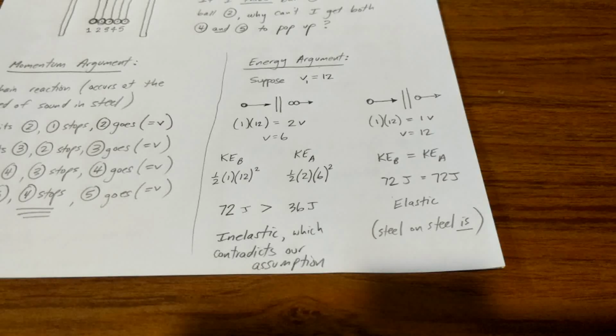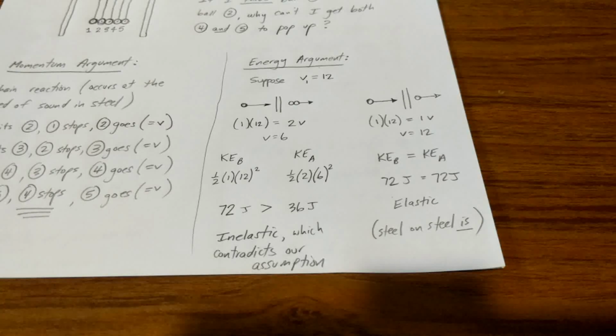Let's also suppose that our goal is to have that single ball crash into the pile in the before, and in the after we're going to end up with 2 of them moving away with some speed so that 4 and 5 can pop up.